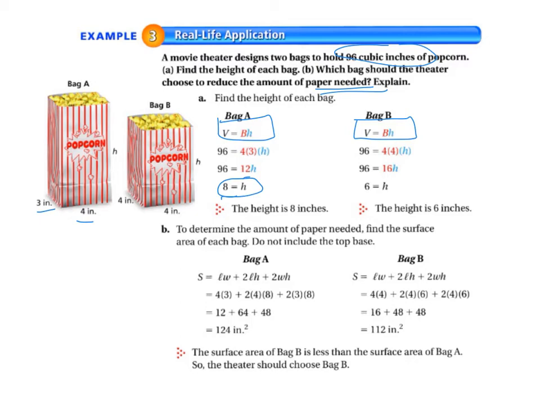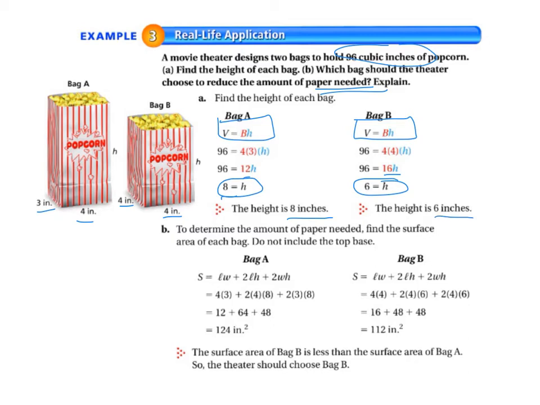In bag B, our base is 4 by 4. And when we multiply that, we get 16 times h, so now we're dividing both sides by 16, and we end up with a height of 6 inches. So bag A has a height of 8 inches, bag B has a height of 6 inches.